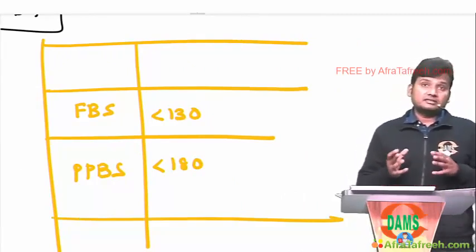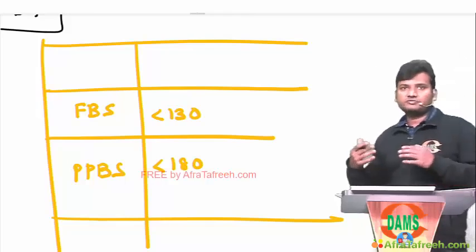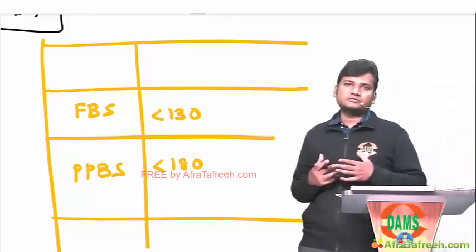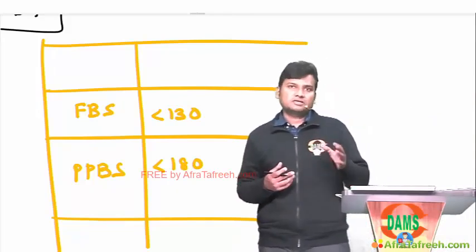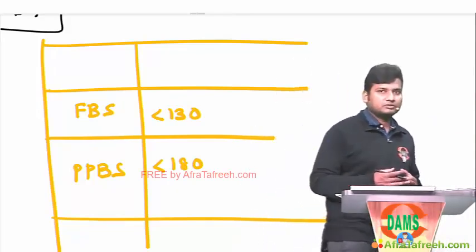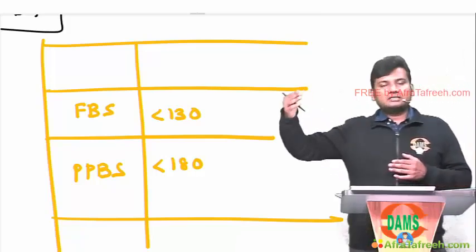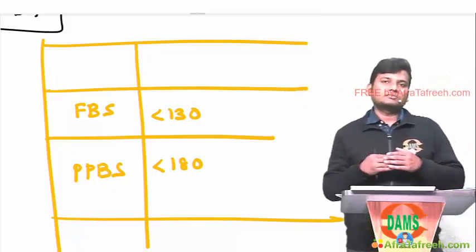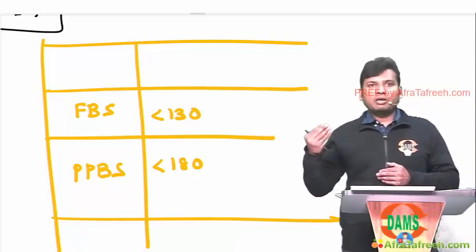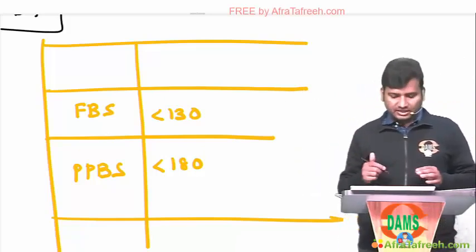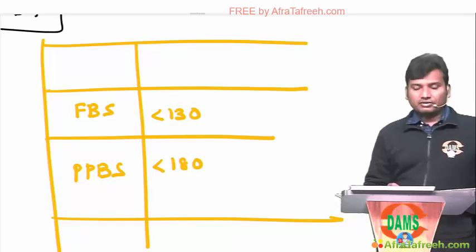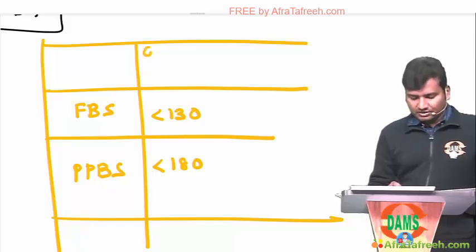After starting the treatment, after 10 days, 15 days, according to our experience, we will repeat fasting blood sugar and postprandial blood sugar. If FBS and PPBS are under control, means FBS becomes less than 130, PPBS becomes less than 180, we will say that our patient is having good glycemic control.